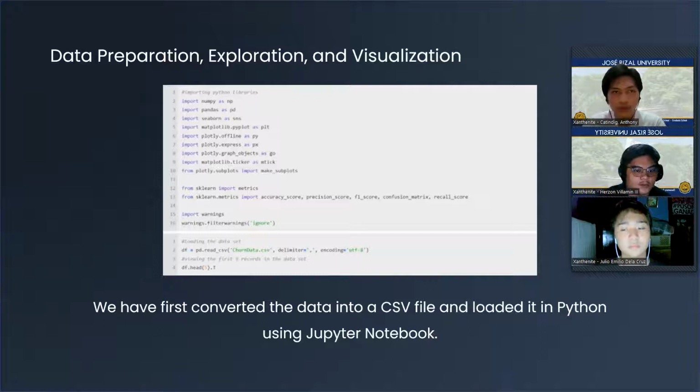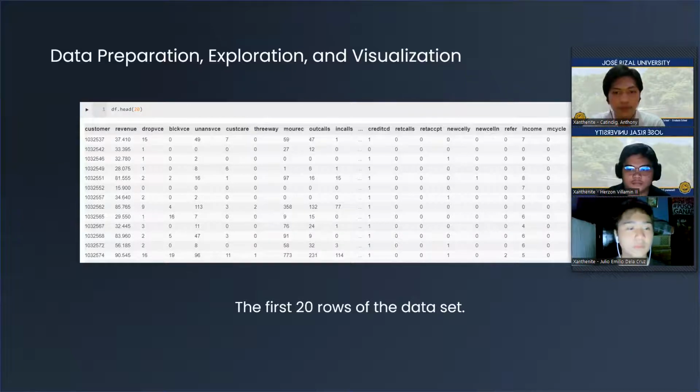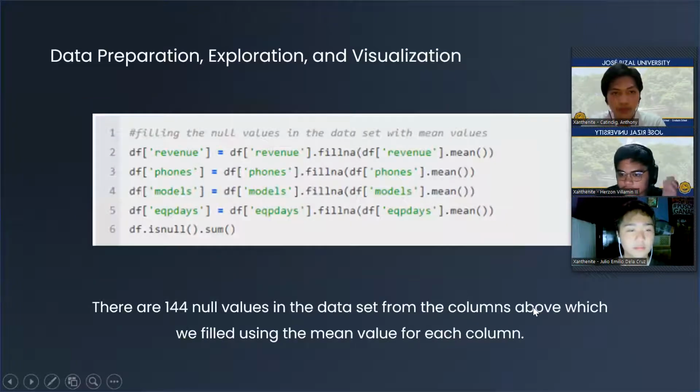We first converted the data into a CSV file and loaded it in Python using Jupyter Notebook. As you can see on the screen, this is the first row of the dataset. There are 144 null values in the dataset, which we filled using the mean value of each column.